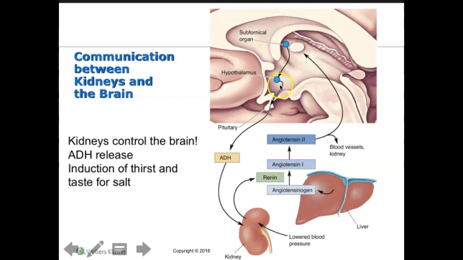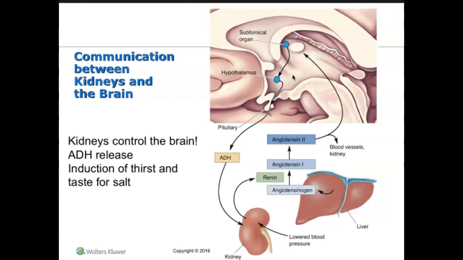influence the release of ADH from the brain, and this happens through something called the subfornical organ. The subfornical organ is one of the circumventricular organs. Those are particular ports of entry in the brain, between the brain and the bloodstream.